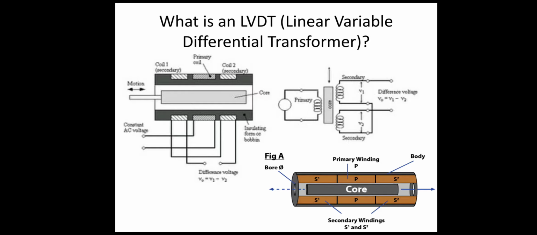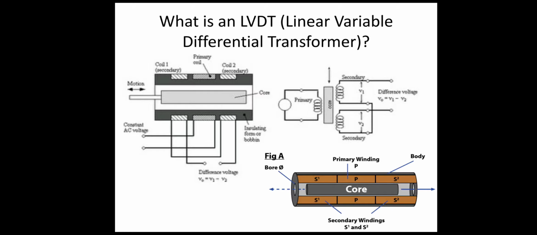Next is the LVDT, that is the linear variable differential transformer. The LVDT works on the principle of variation of mutual inductance, and it is one of the most popular types of displacement sensor, and it has good linearity over a wide range of displacement.